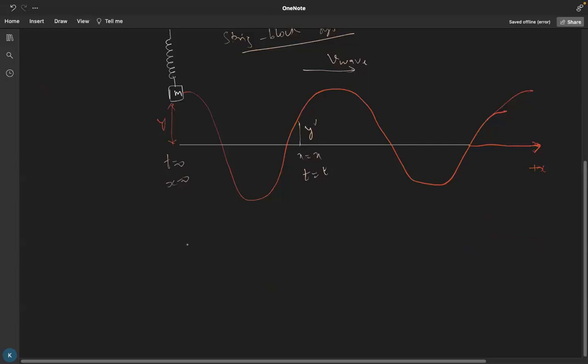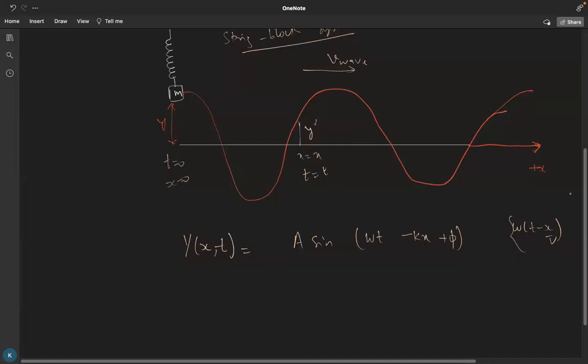So as we all know, the general equation of a wave looks something like y is a function of x and t, and it is equal to A sine(omega t minus kx plus phi), which we can also write as omega into (t minus x by v), and we all know that omega by v is our k.